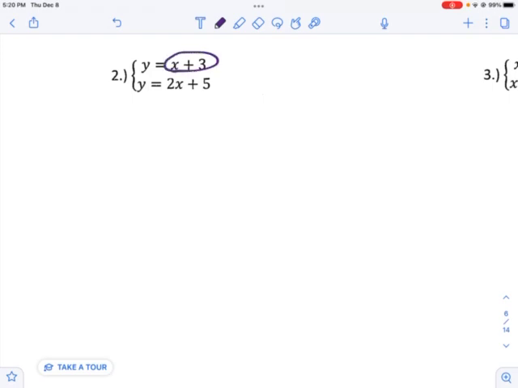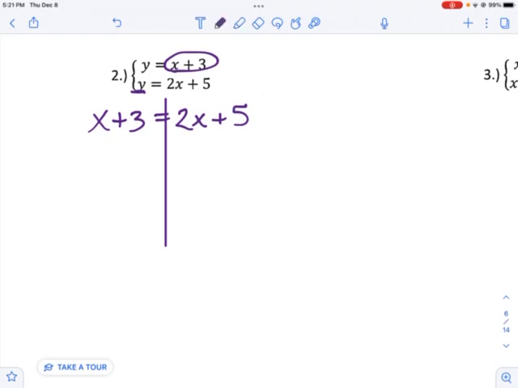So when I rewrite this equation, I'm not going to write that y. I'm going to write x plus 3 equals 2x plus 5. Variables on both sides. My suggestion to you is to look at the term with the variable of the smallest coefficient. I'm going to compare 1 and 2.